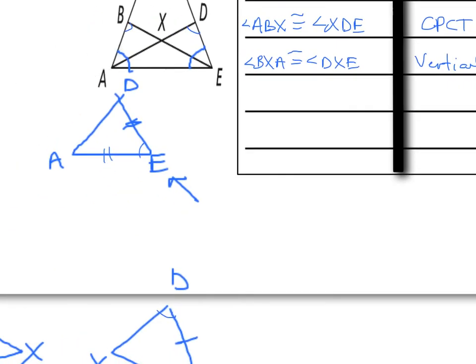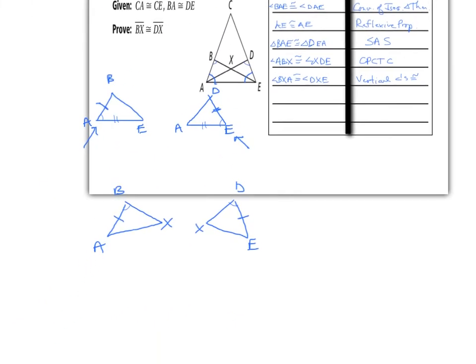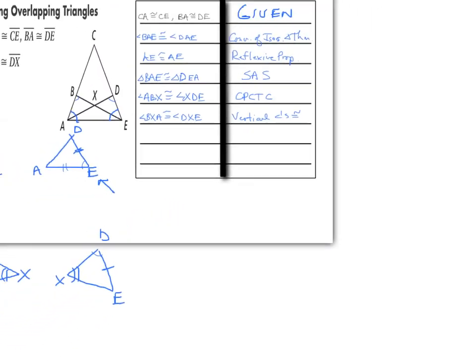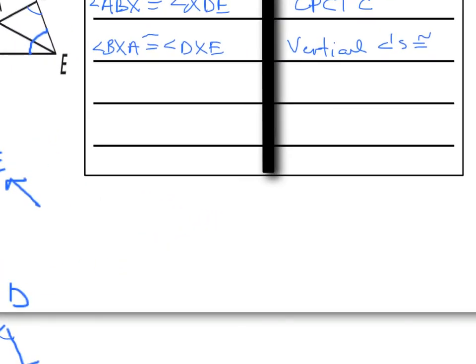So now I come down and I mark that as well. These two are congruent to each other. And now I can say that triangle ABX is congruent to triangle EDX by angle side.